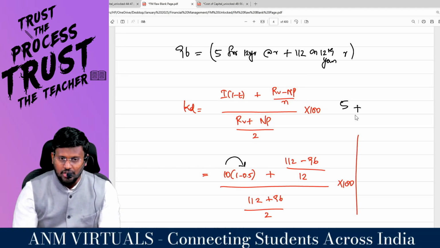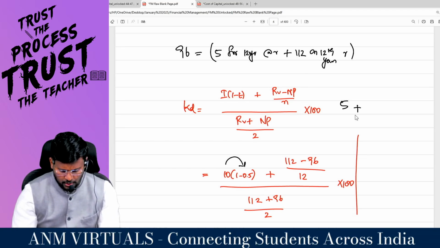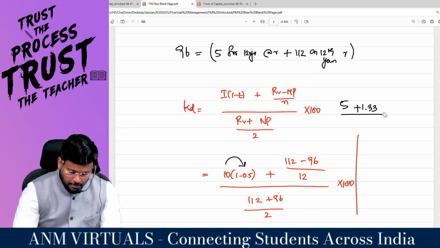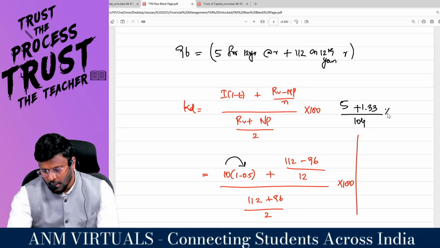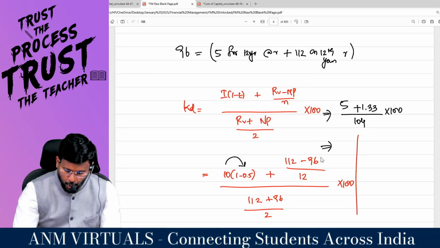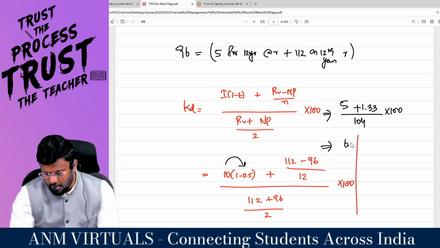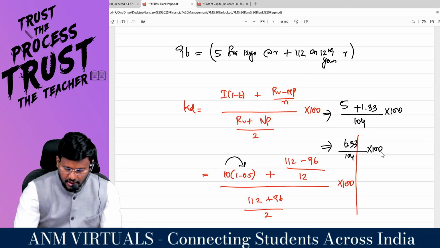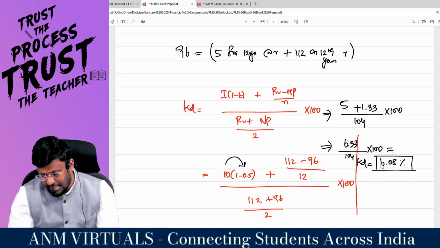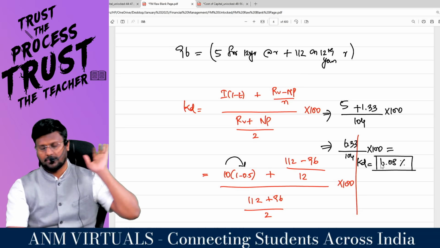The 16 capital loss has to be borne over a period of 12 years, so 1.33 per year is the capital cost, divided by (112 plus 96) divided by 2, meaning average liability will be 104, into 100. Are you comfortable, sir? That means 5 plus 1.33, that is 6.33, divided by 104 into 100, which is approximately 6.08% as the KD as per the approximation method.